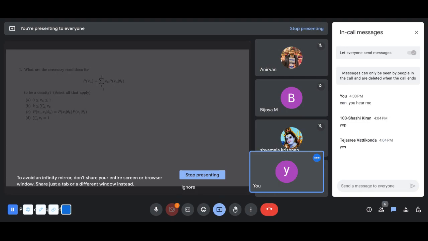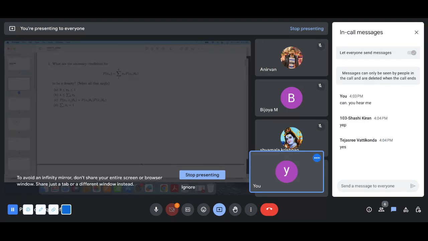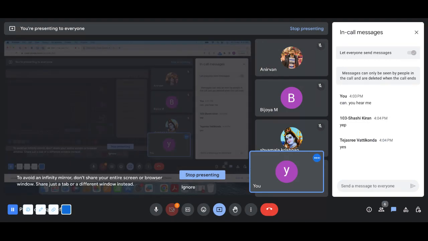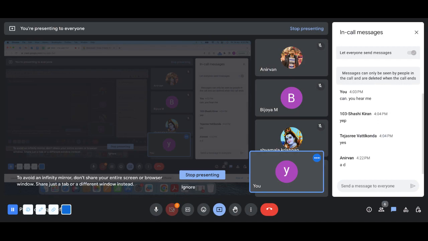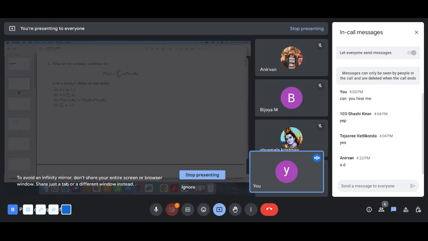Any responses? Yeah, for this to be a valid density, all the pi's are probabilities, and the sum of pi should be one. So that is one thing.